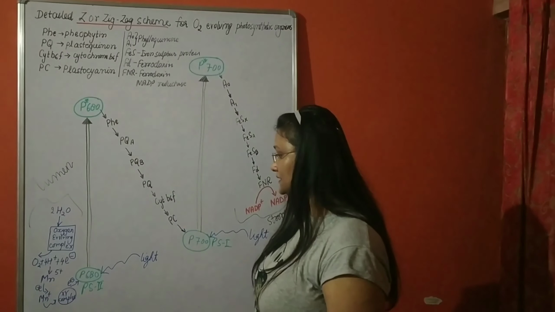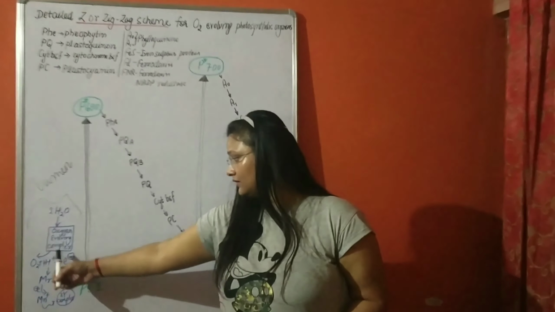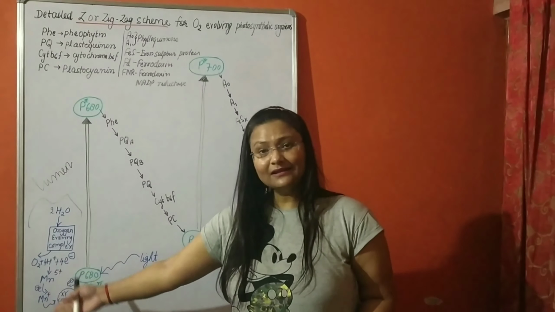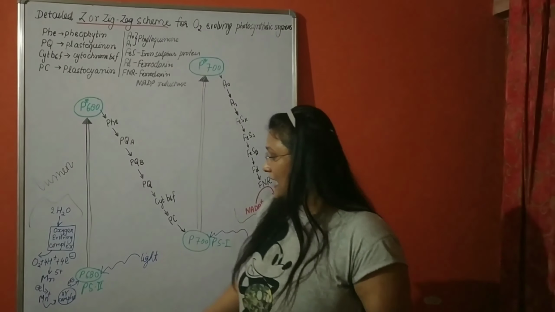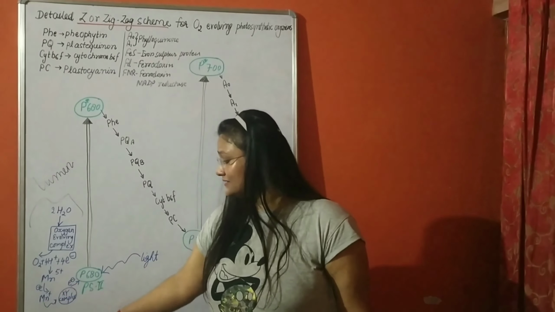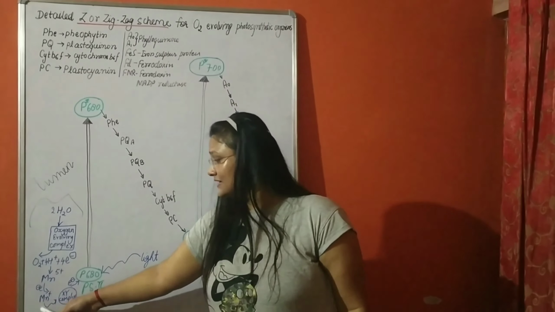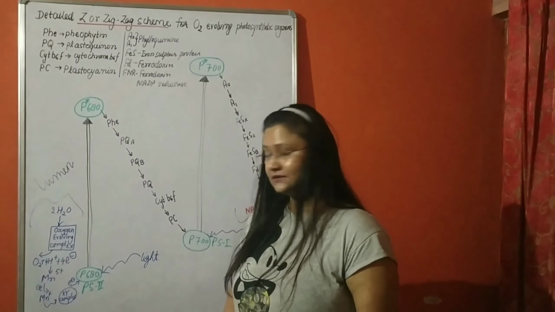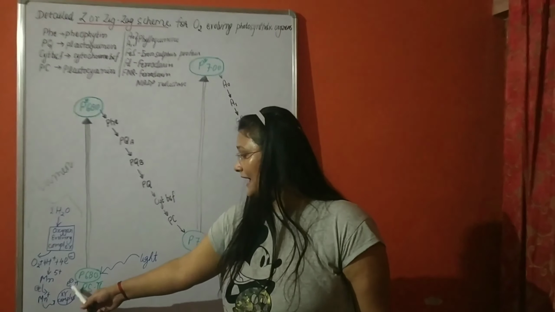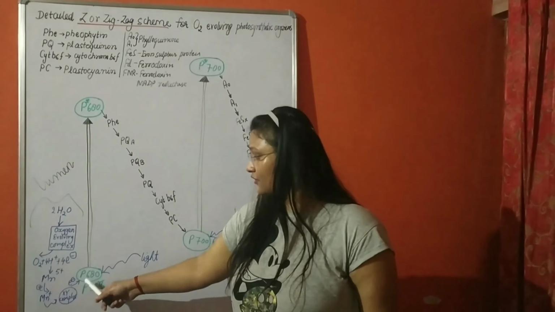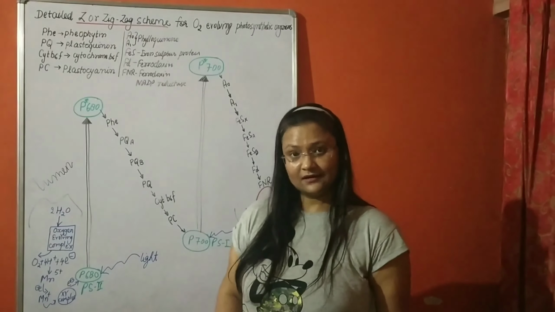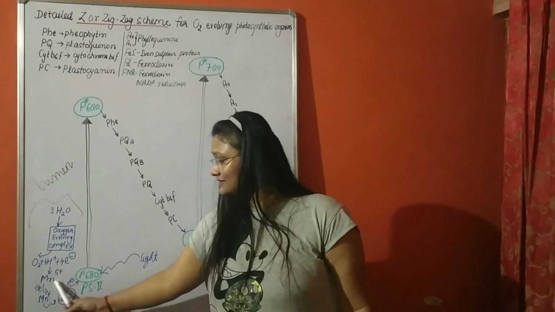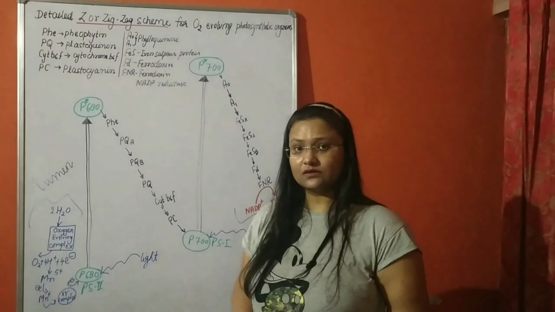Now what manganese does is capture these 4 electrons. Basically the manganese cycle is operated here. After capturing, manganese keeps on transferring these 4 electrons one by one to the XY complex, and the XY complex transfers these electrons to photosystem II, P680. The role of manganese is that it does not give all 4 electrons in one go.